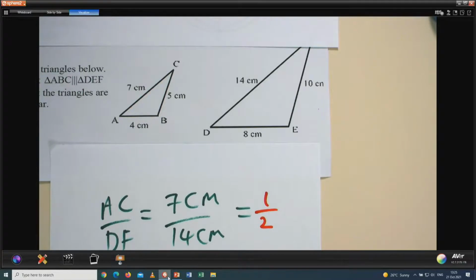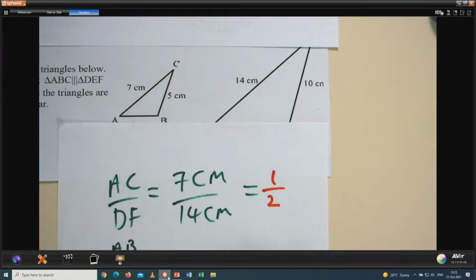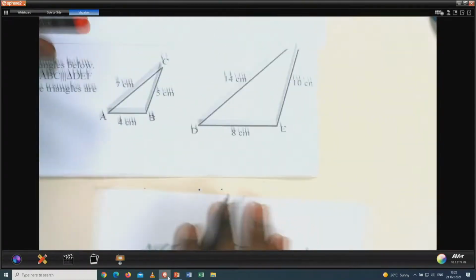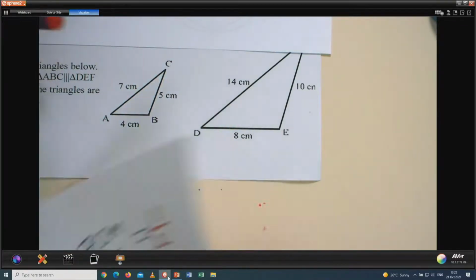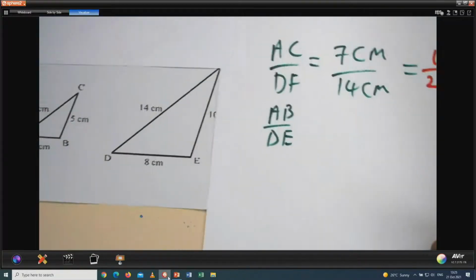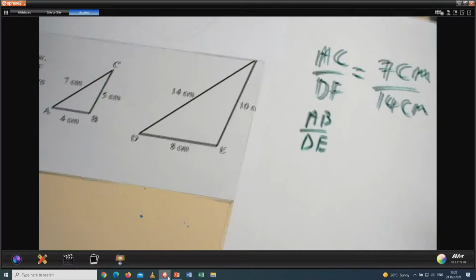Now we'll compare the second one. AB over DE, what is the situation?